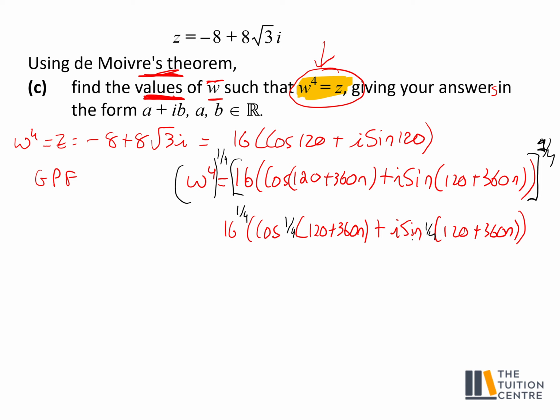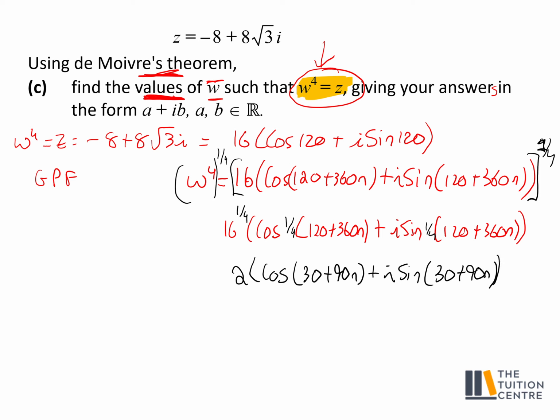Okay, so we know then that 16 to the power of a quarter is going to be 2. I'm going to get 2 times the cos of 30 plus 90n plus i sine of 30 plus 90n.